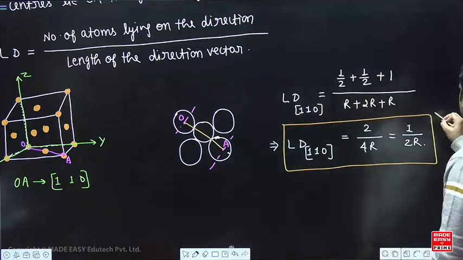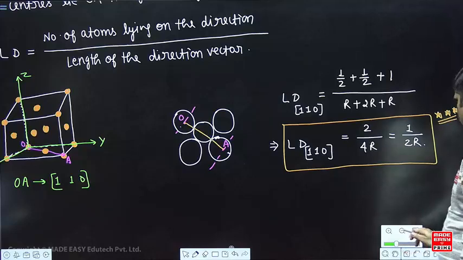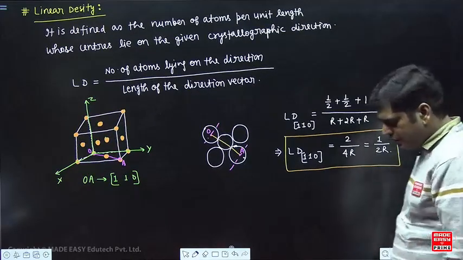1 by 2R. The R and A relationship is very well known to you, for FCC you can calculate it.